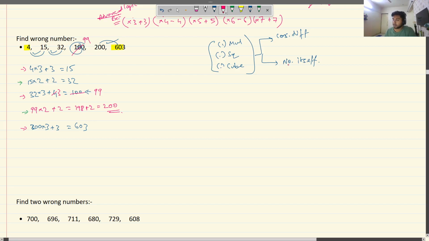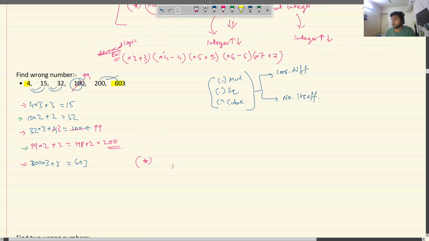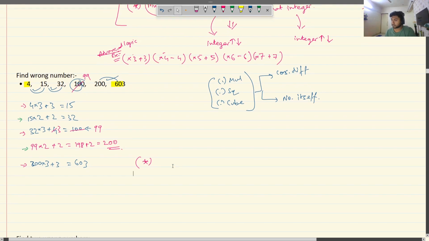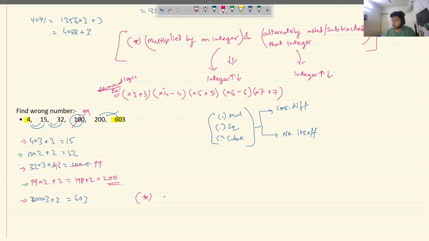And the logic is very similar to our previous question, where alternately we're adding and subtracting, but in this case into 3 plus 3, into 2 plus 2, into 3 plus 3, into 2 plus 2. So this is alternating itself. That's how it's going.